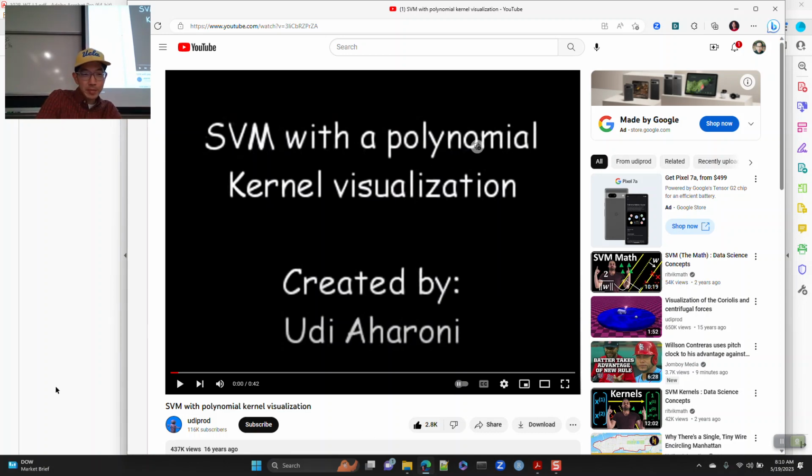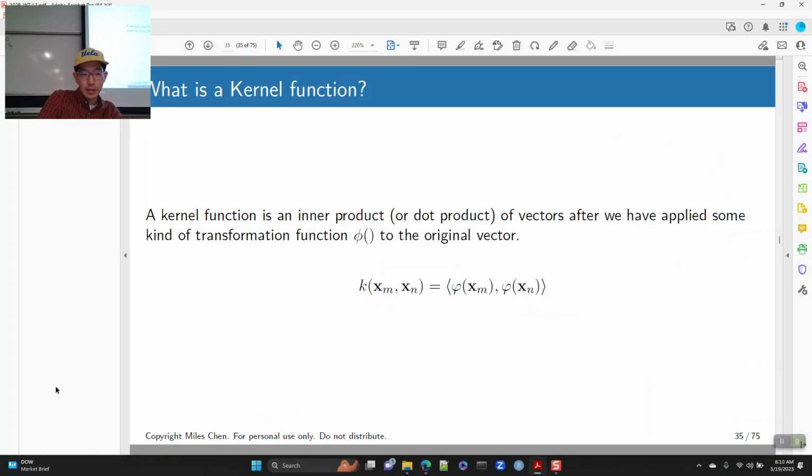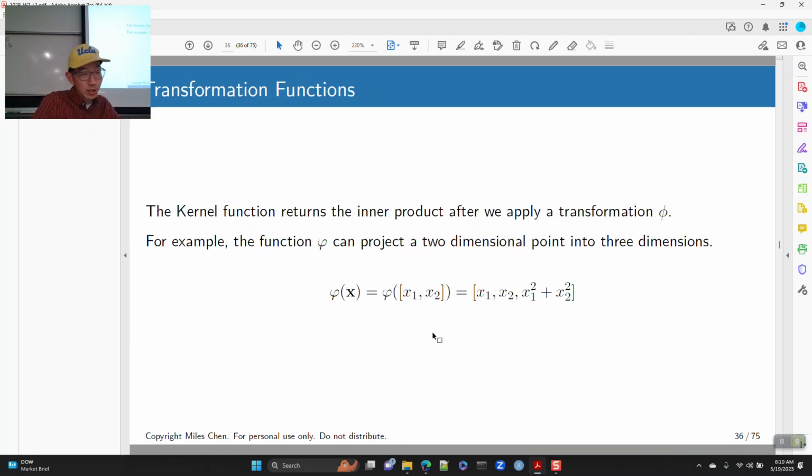What we're going to see is we're going to start off with points that are not linearly separable. The points in their original form will exist in 2 dimensions, right? We've got an x1 and x2. And what we do is we apply a transformation function, which is going to project the values from 2-dimensional space into 3-dimensional space.